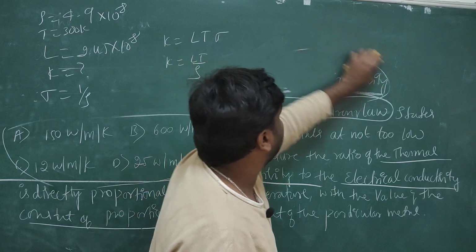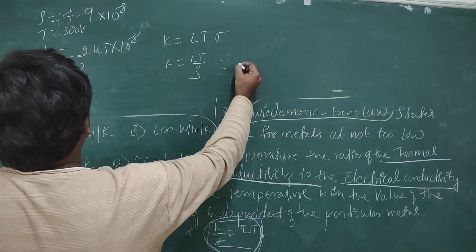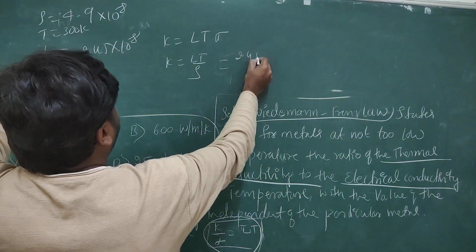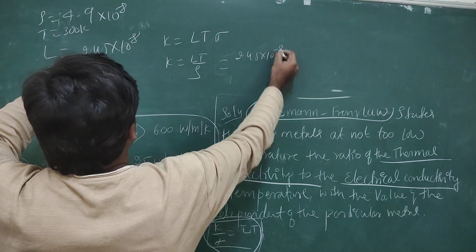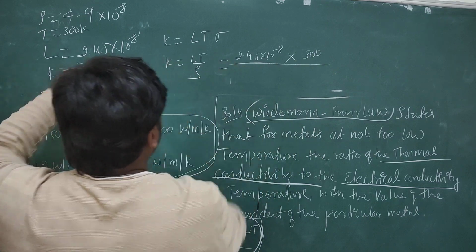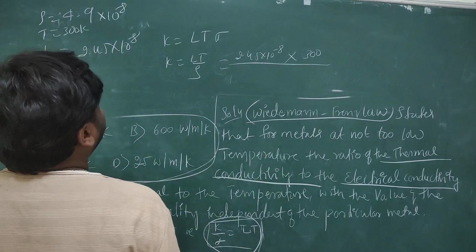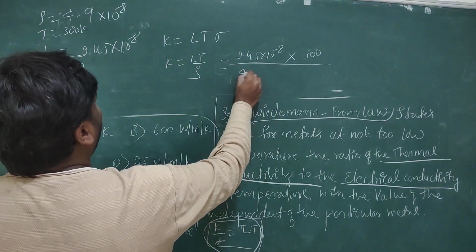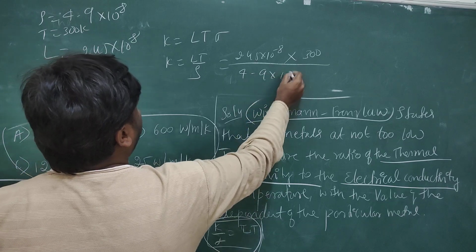So, what is L? 2.45 into 10 to the power of minus 8, into what is T? 300, and what is rho? 4.9 into 10 to the power of minus 8.